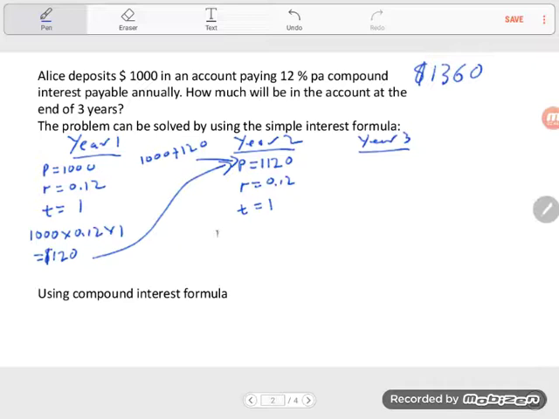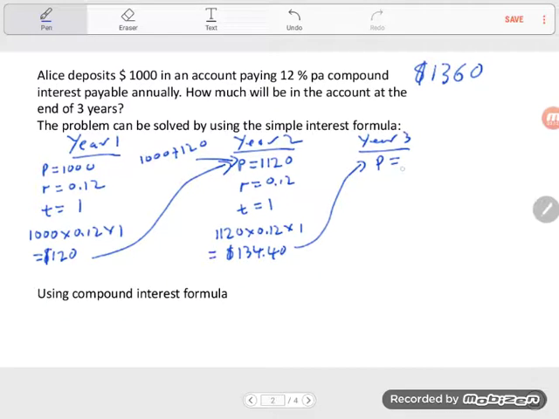Okay, so we take our new principal, and this gives us $134 worth of interest. Well, $134.40 to be precise. So that adds to the current principal, 1120, and carries over into the next year. So $1254.40.